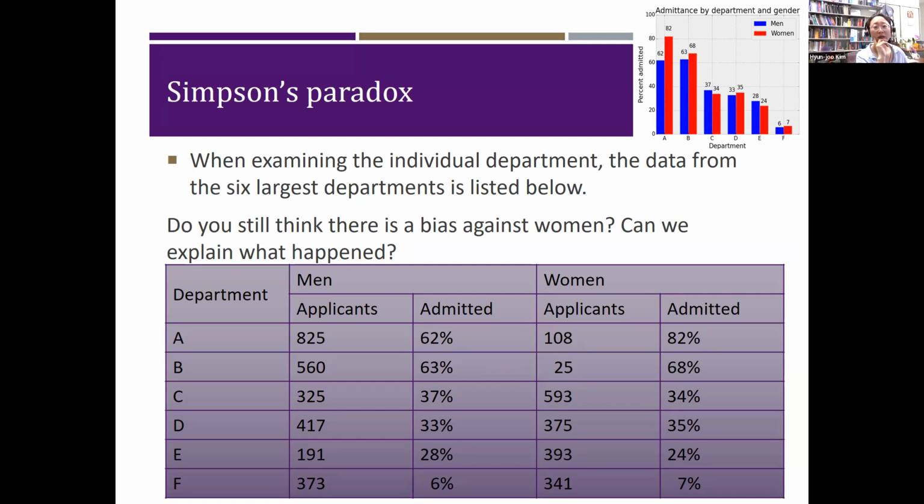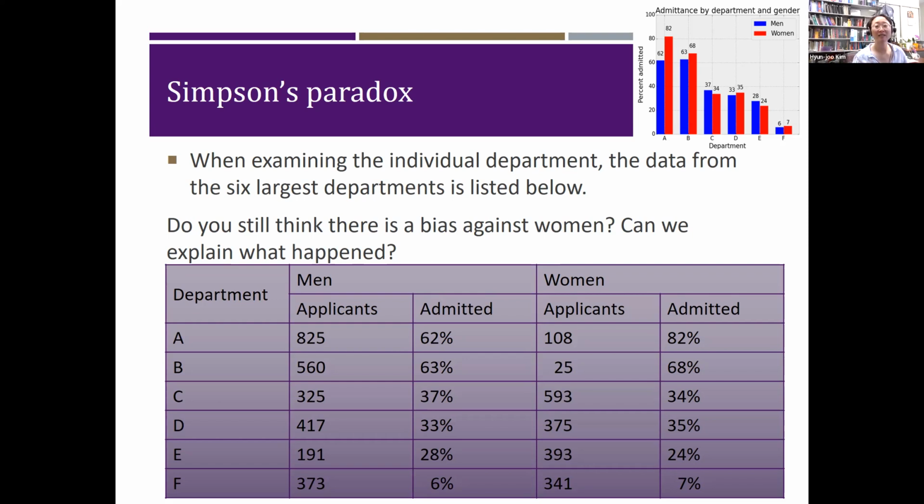So why did the aggregated data tell a different story? This is a classic case of Simpson's paradox, when grouped data tells the opposite story of the ungrouped data. This happens because of a confounding factor that is hidden within the data.